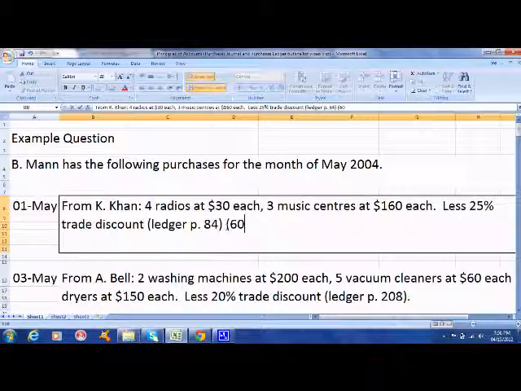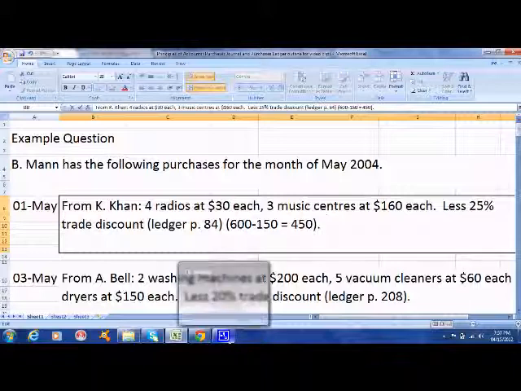So you'll have 600 minus 150. That equals what? 450. So this 450 will go into your purchases journal.